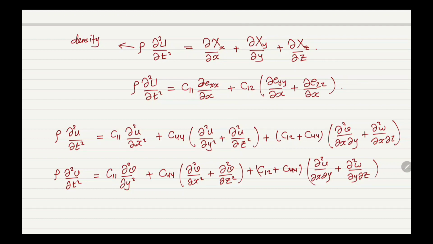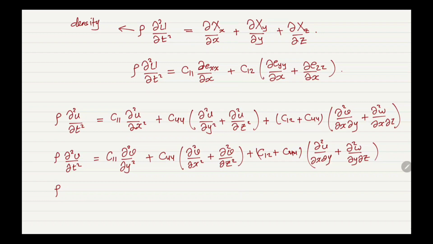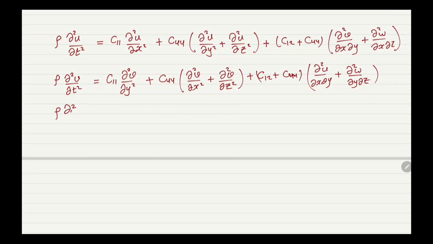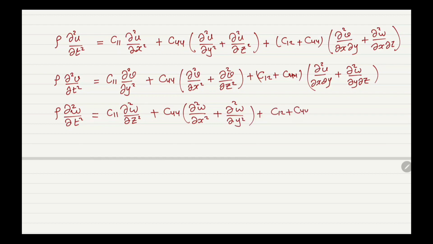And the other one for the omega direction: rho partial 2 omega partial t square equal to C11 partial 2 omega partial z square plus C44 times (partial 2 omega partial x square plus partial 2 omega partial y square) plus (C12 plus C44) (partial 2u partial x partial z plus partial 2v partial y partial z).